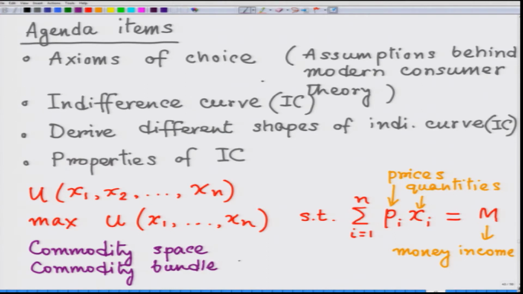So, this commodity bundle is basically the quantities of commodity 1 consumed, quantities of commodity 2 consumed, and so on and so forth, and these are broadly denoted by X, Y, Z. So, these are different commodity bundles that a consumer faces to choose from.